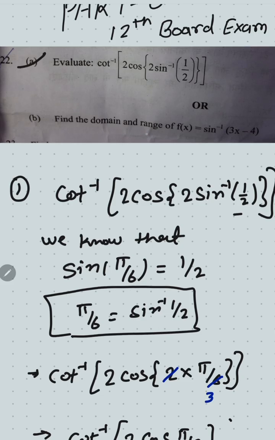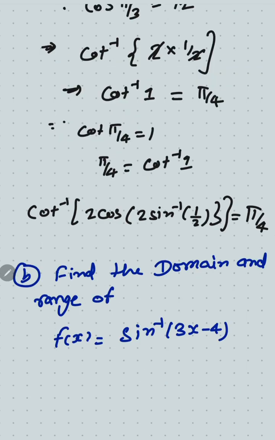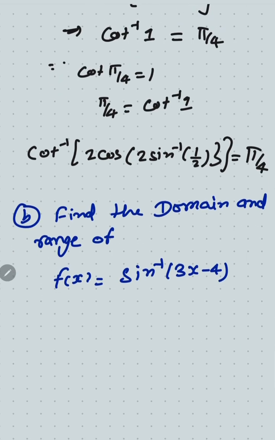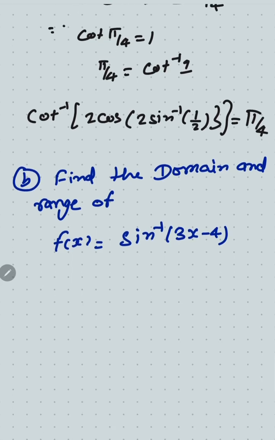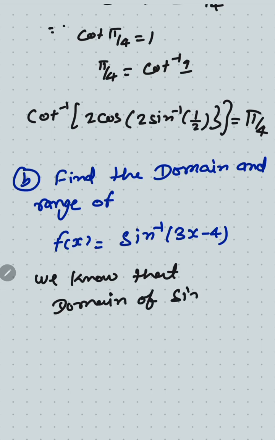Second is find the domain and range of f(x) = sin inverse (3x minus 4). Okay, ये क्वेश्चन करते हैं. We know that the domain of sin inverse z is, z belongs to -1 to 1.